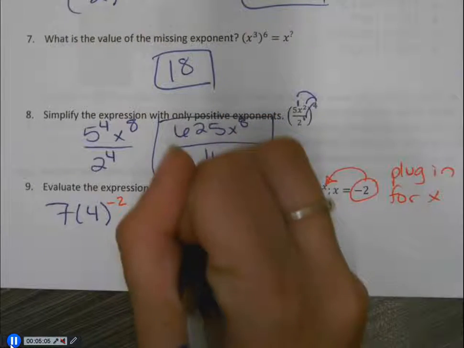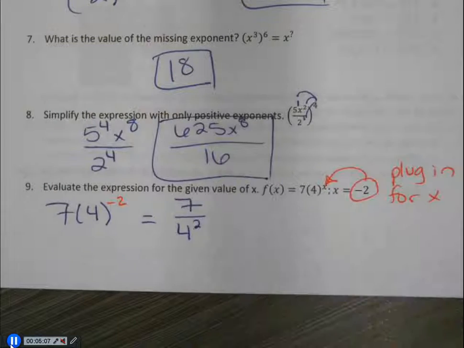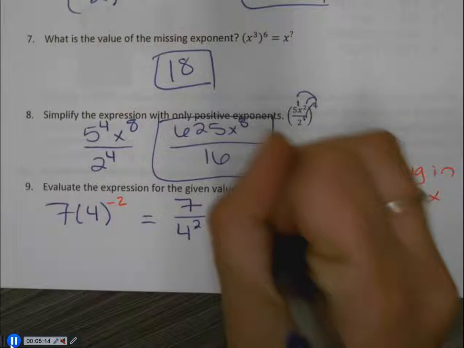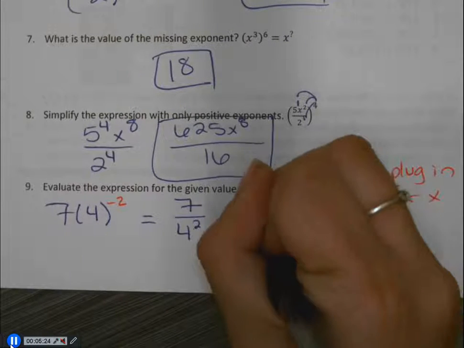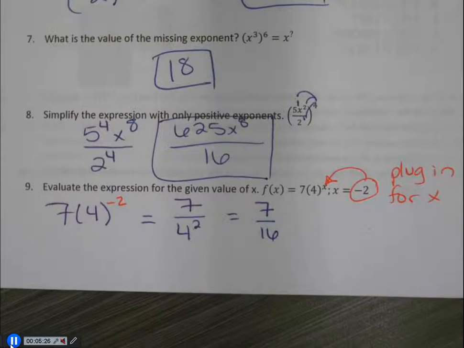So the 7 stays where it is, and then it turns into a fraction with an exponent of 2 on the bottom. And then what is 4 squared? Four times 4, 16.